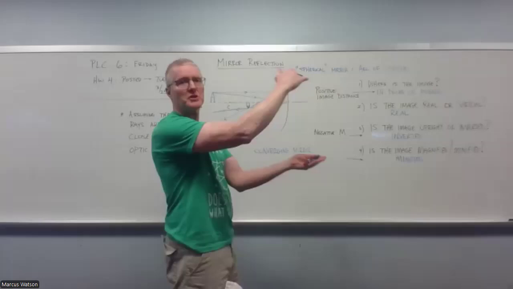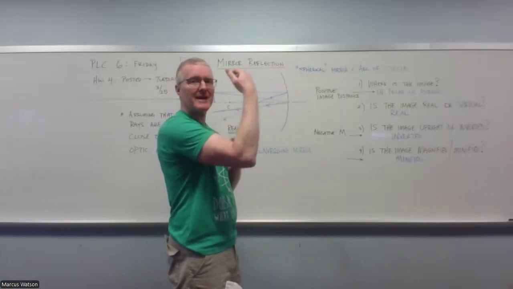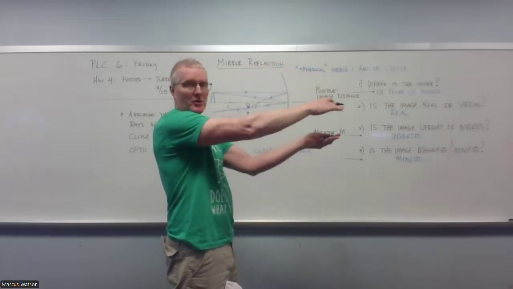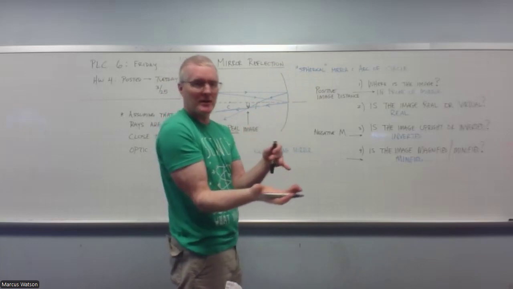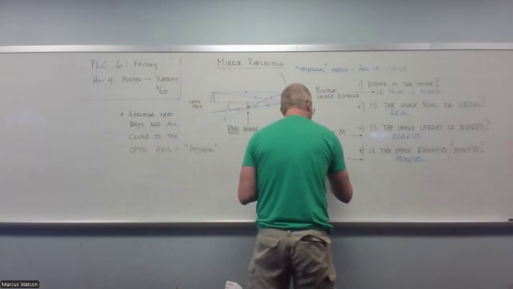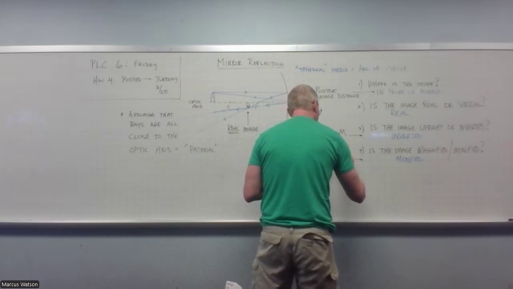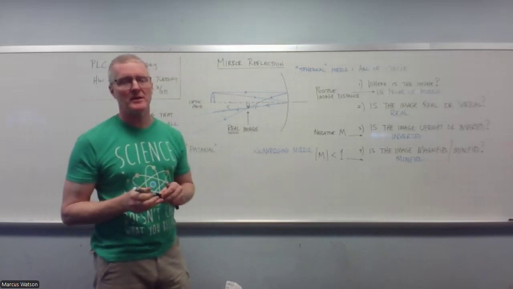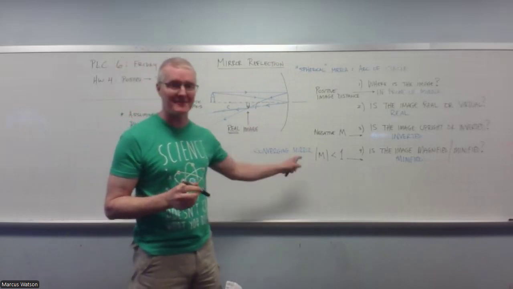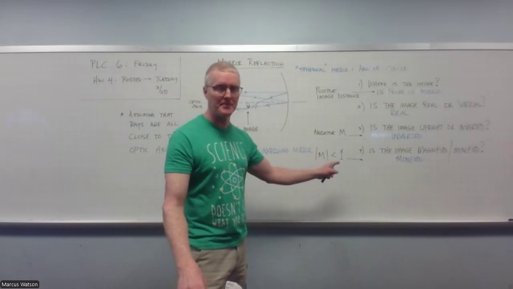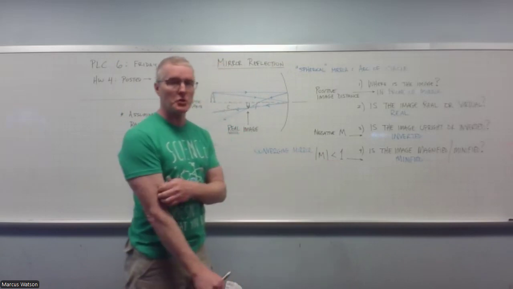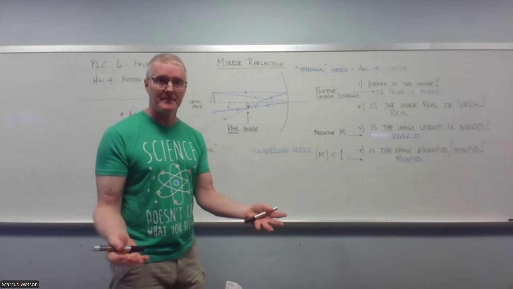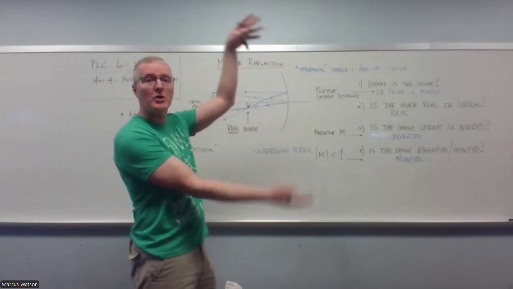I had a magnification of 1 because my image was the same size as me. If it's smaller, then I have a magnification less than 1. So I'm going to say that the absolute value of the magnification is less than 1. Okay? If it's greater than 1, it's magnified. Right? Then the image is larger than the object.